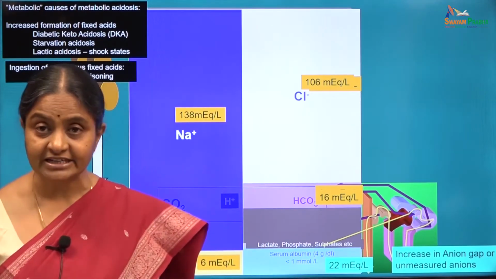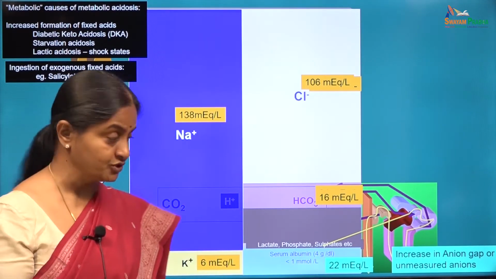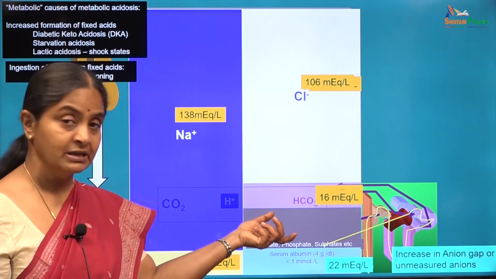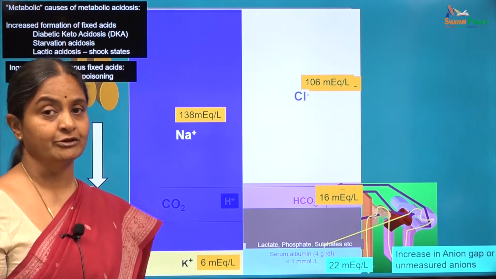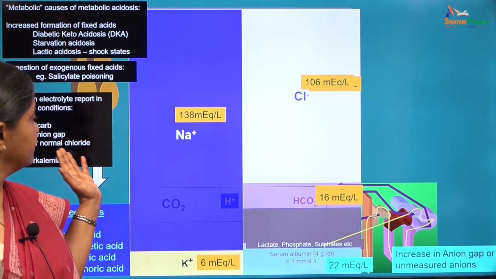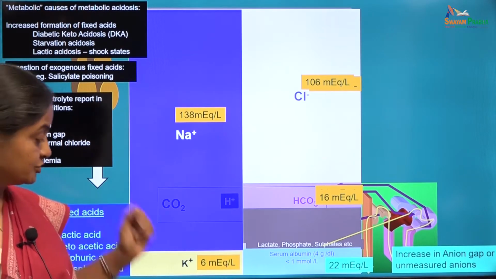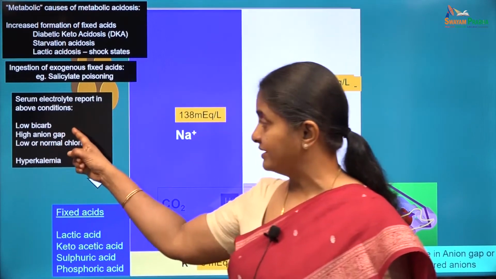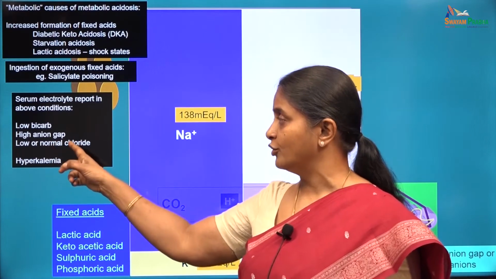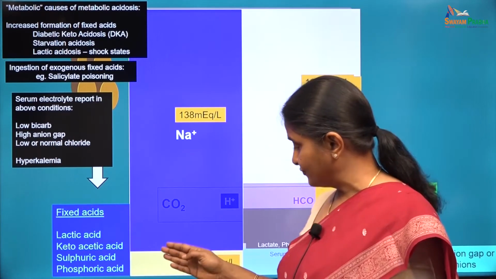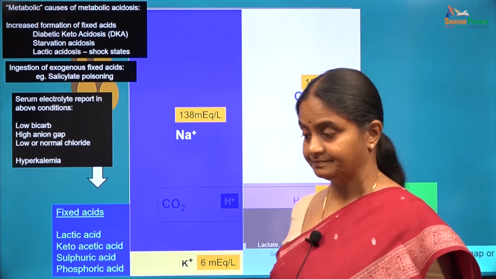Some cases of poisoning will result in metabolic acidosis because they also produce anions which will compete for the anion space. We've seen what a serum electrolyte report would look like. There will be low bicarbonate, high anion gap, low or normal or high chloride, and of course hyperkalemia.